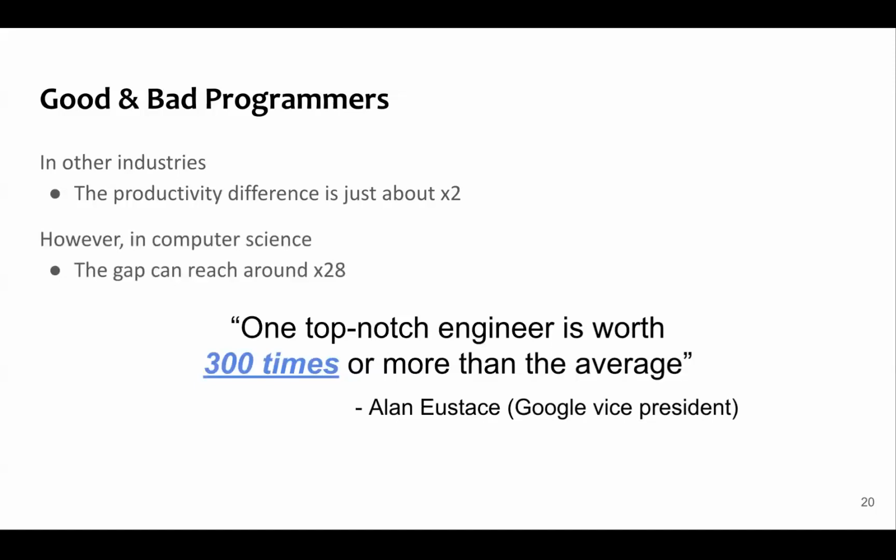For other industries, even if you're a very good engineer, it takes some time to make the product. However, in computer science, what you need to do is imagine what you want to design and just type, that's all. So it's like art. You just need to come up with the idea.